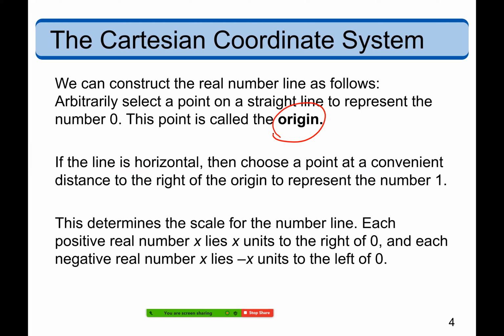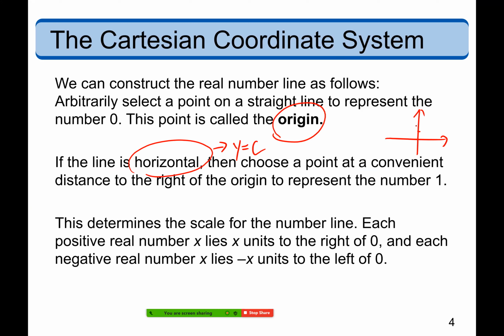Origin. And if the line is horizontal, we have this type of notation for horizontal lines: y equal to c, something like that, right? And this also determines how many units. So if it is horizontal, let me draw a horizontal line.